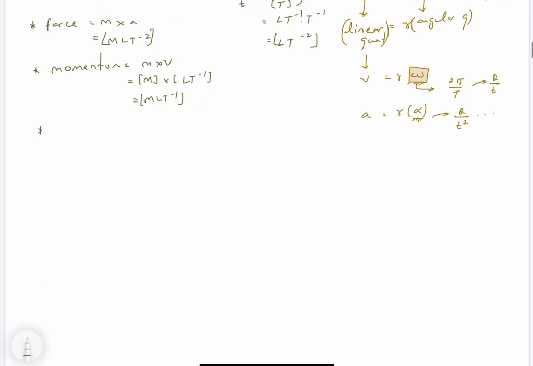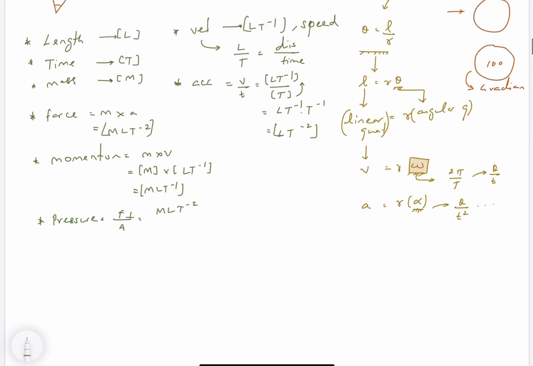What about pressure? Pressure is nothing but force or thrust given by unit area. What is force? Actually, it is perpendicular force. This is very, very important as we'll be using it in the later chapters. Force is nothing but MLT power minus 2. To say force, momentum, velocity, acceleration, these are very, very important.